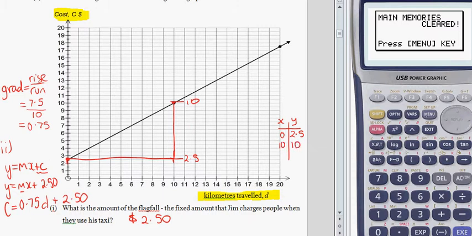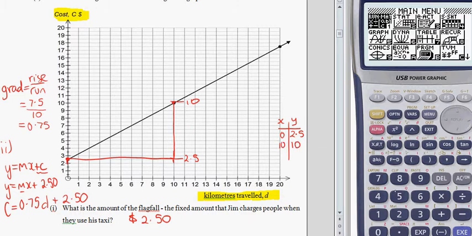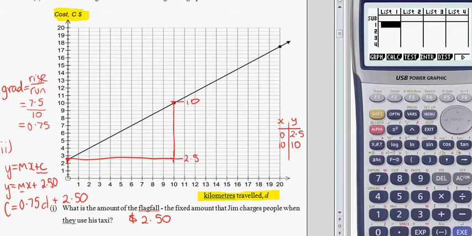I'm going over to the calculator, choosing the new stat. We'll put the points in: 0 enter, 10 enter, and up to the other side, 2.5 enter, 10 enter.